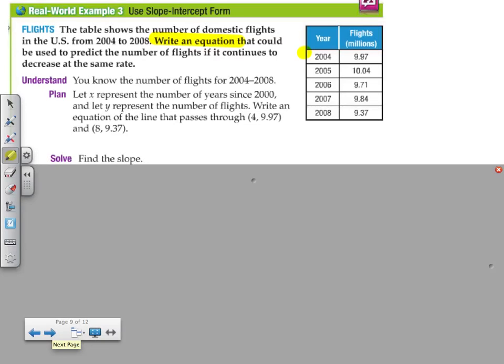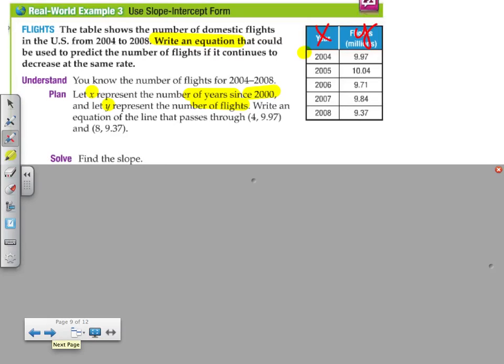All right. So we're going to let X represent the number of years since 2000, and we're going to let Y represent the number of flights. Okay, so let's label our table that way. This will be X, and this will be Y.